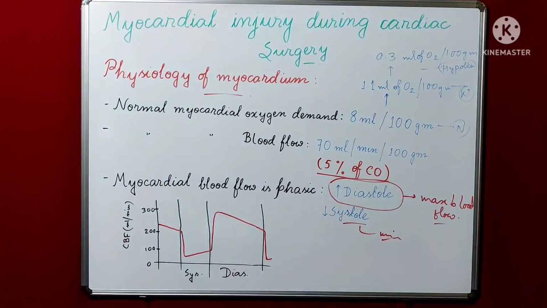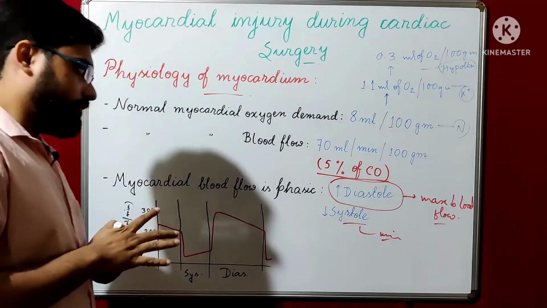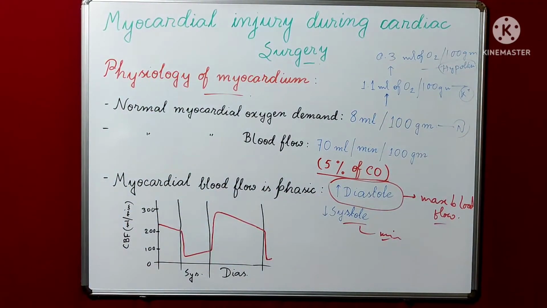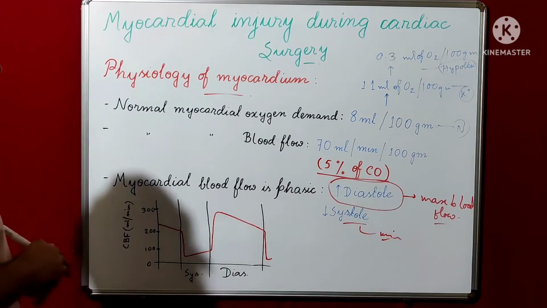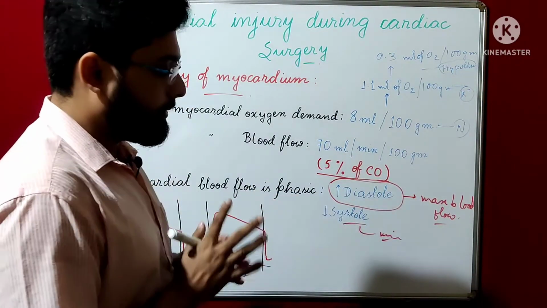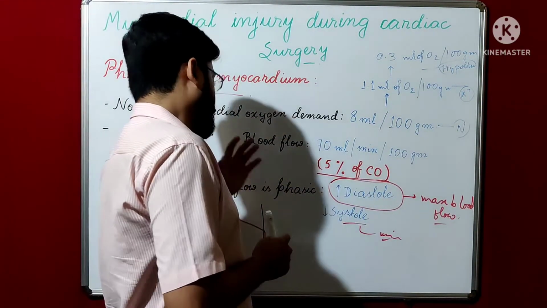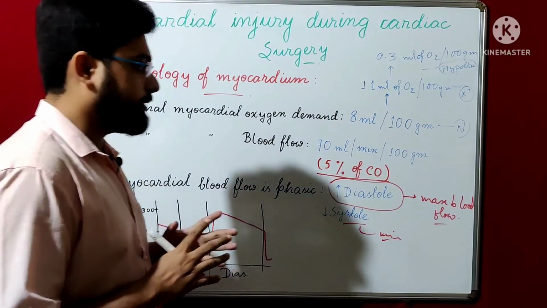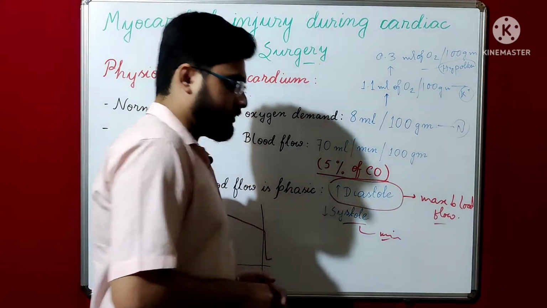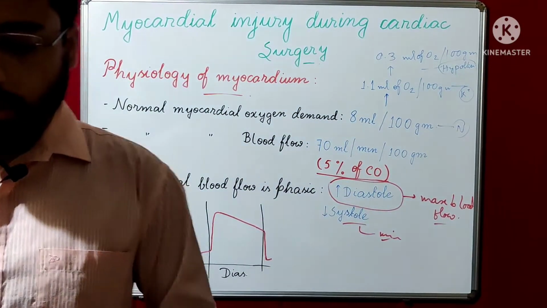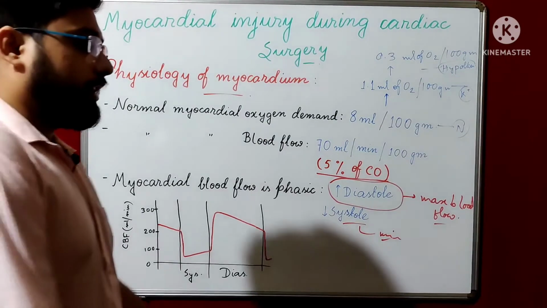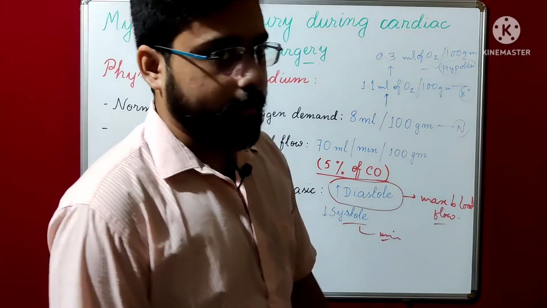Now this phasic concept is not so easy and is more detailed, and I am not going into that detailed part. In simple words, the myocardium gets its maximum blood flow during diastole and minimum during systole. Why? Because during systole the myocardium is contracted, that is, the muscle of the cardiac wall is contracted.